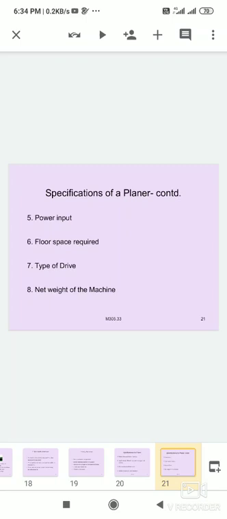And type of drive: in the drive mechanism, one type is the reversible motor drive mechanism, and the other type is the hydraulic drive mechanism. Reversible motor driving mechanism, I will explain shortly.